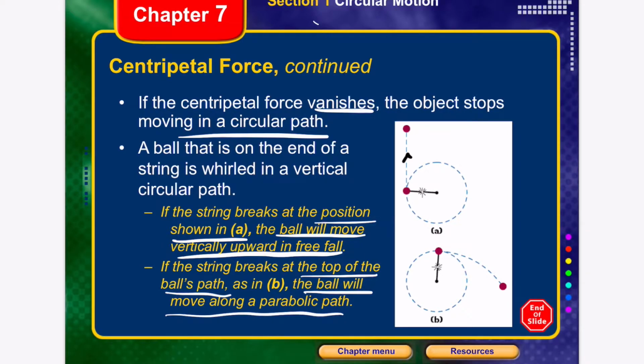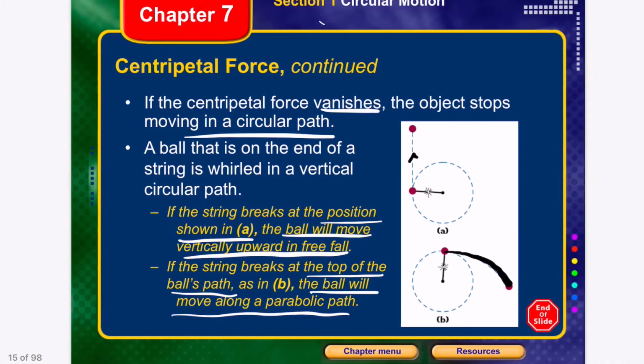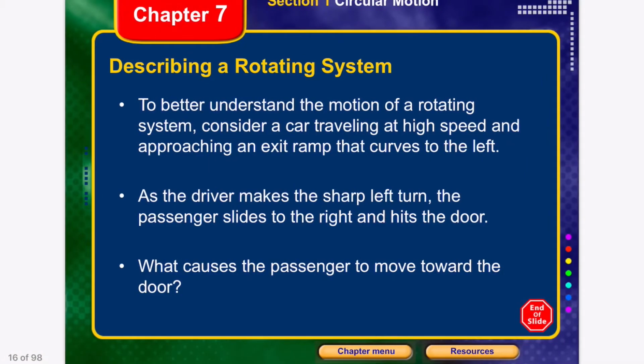The acceleration due to gravity on the object is vertically downward. Think of it like a projectile, so a parabolic object thrown like a projectile, resulting in a parabolic path.